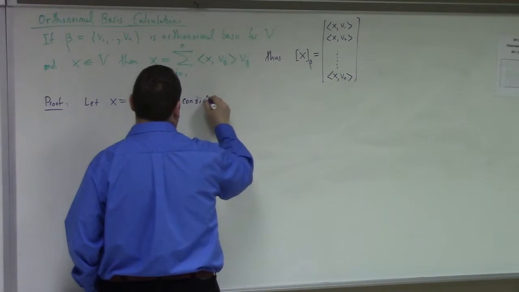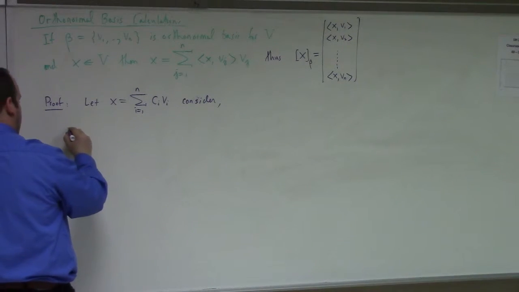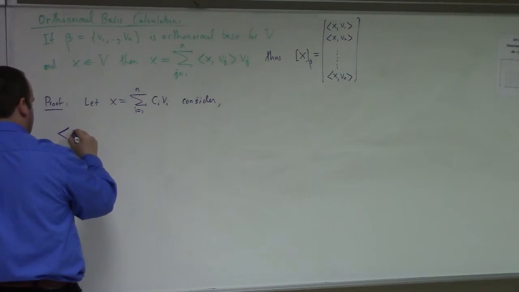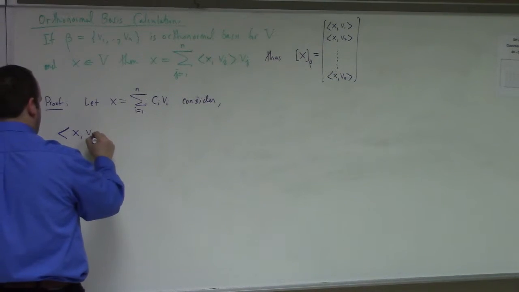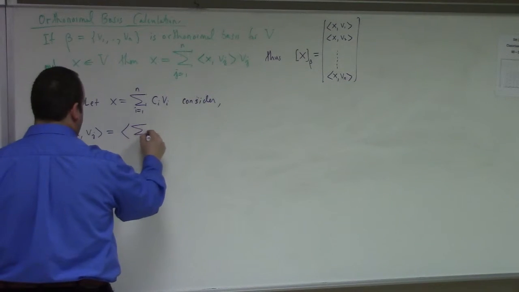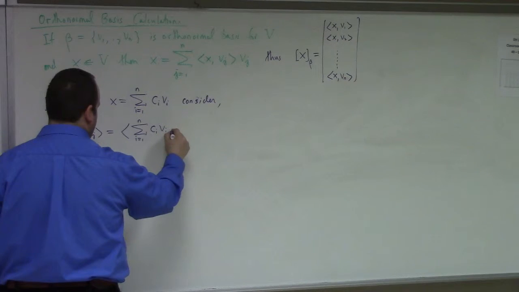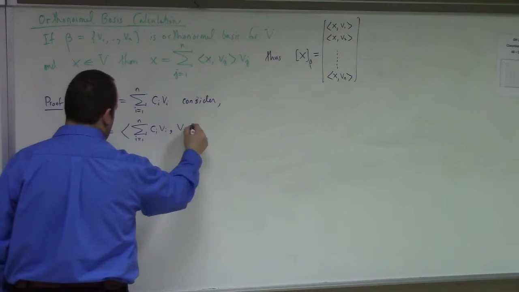It's almost the same as the proof I just went through. I'm just doing it in summation notation now. Consider the inner product of x with vj. So x with vj is equal to the inner product of the sum, i equals 1 to n, ci vi, comma, vj.